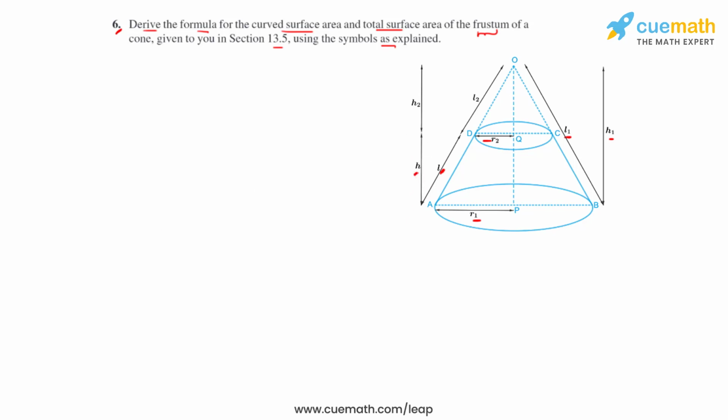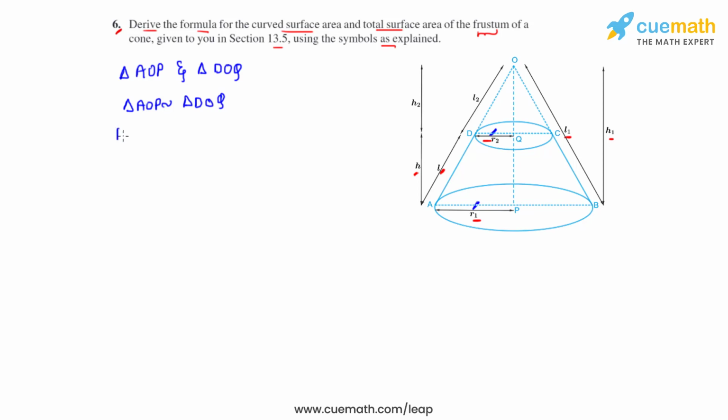Now, if we just focus on the triangles, that is triangle AOP and triangle DOQ, we know that DQ is parallel to AP, and so we can say that triangle AOP is similar to triangle DOQ. As these two triangles are similar, the sides will be proportionate to each other.